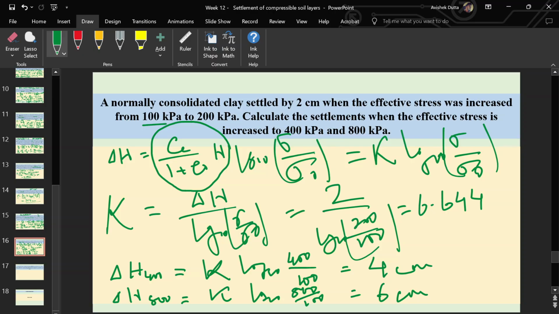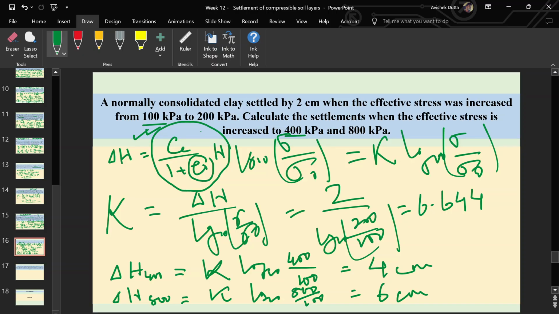Now there is another important thing to note: when you are considering 400, then this value E0 is increased from 100 to 200, right? So I am considering E0 to be at 100 kilopascal. But if I consider 400 to be the base, the standard, will E0 remain the same? No, E0 will not remain the same.